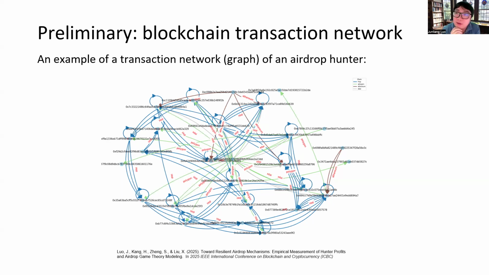This is just one example of what the transaction network is doing. We have already talked about what a transaction is, right? So in a graph, every node is an address and every edge is one transaction. You can always take a snapshot of some blocks to draw a graph like this, no matter what your interest.